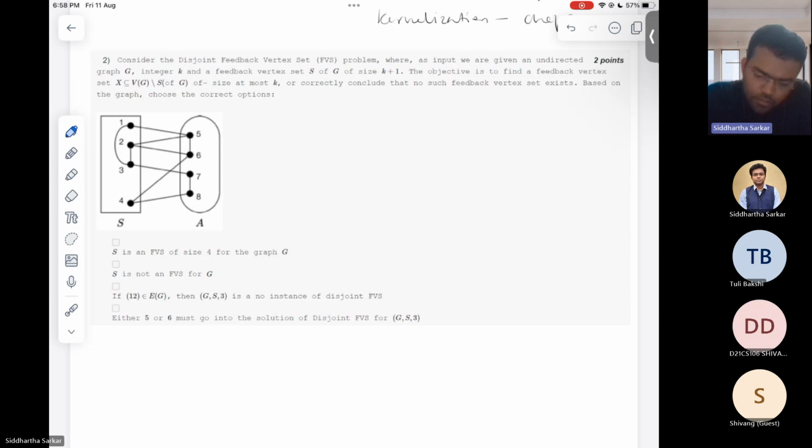So here we're looking at the disjoint feedback vertex set.